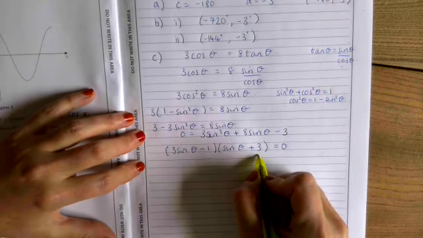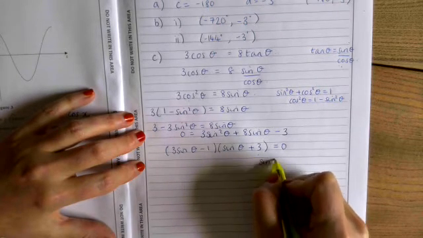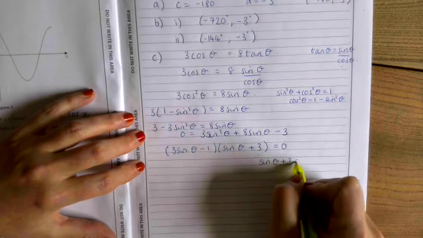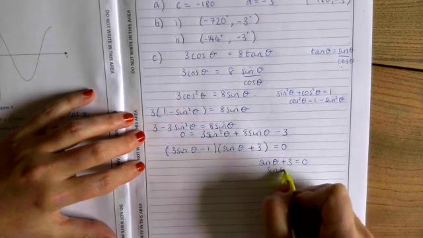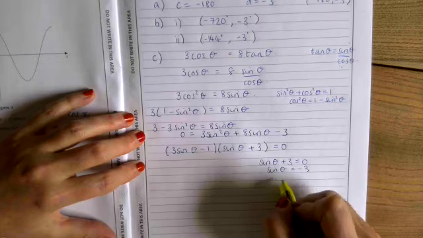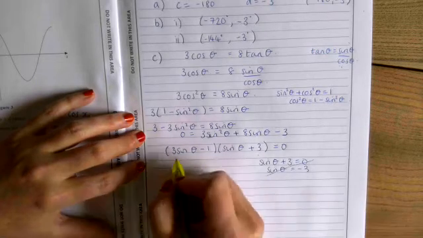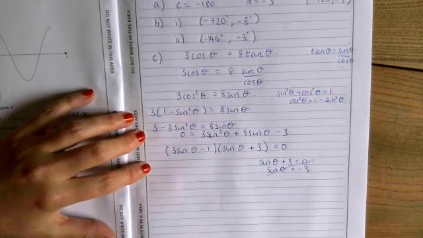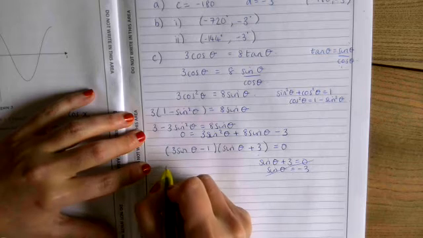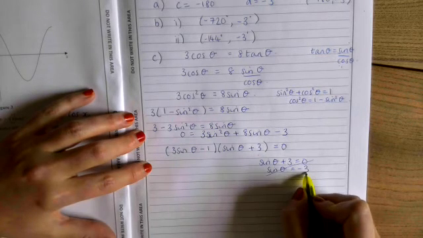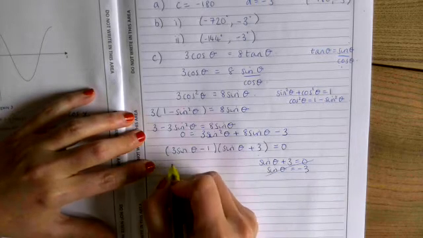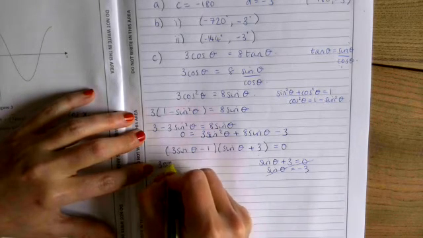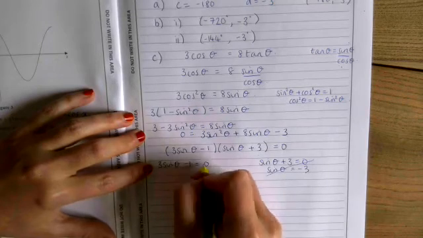So this one, if I set that equal to 0, I end up with sine theta equals minus 3, which is no good, because that's outside of the range 1 and minus 1. But this one here, 3 sine theta minus 1 equals 0.